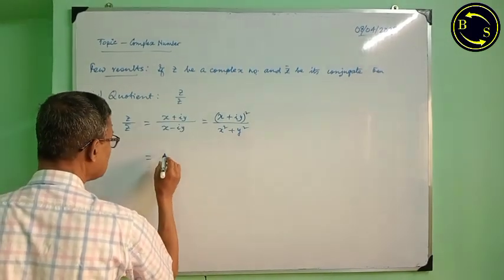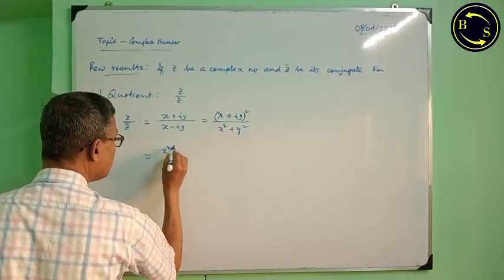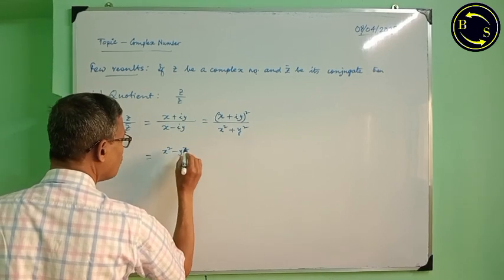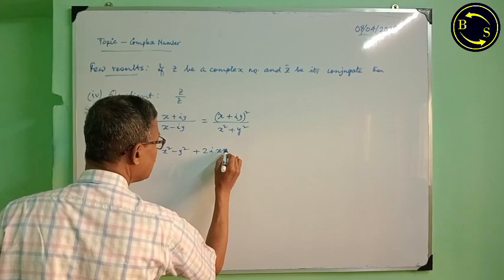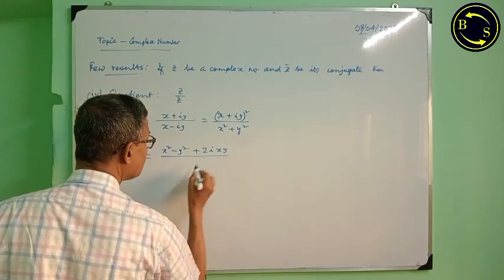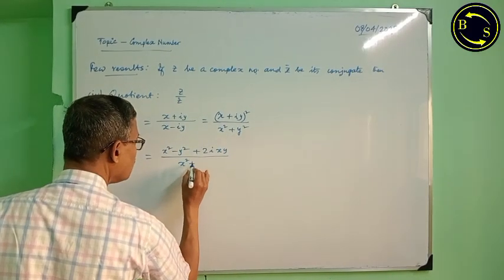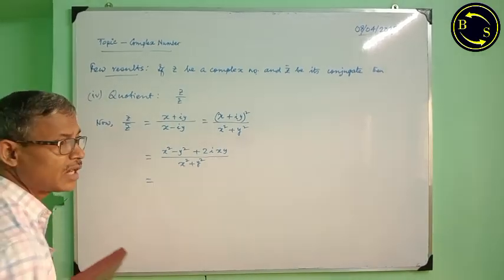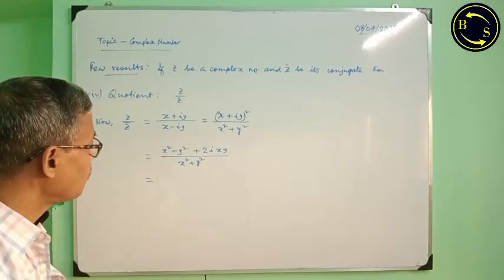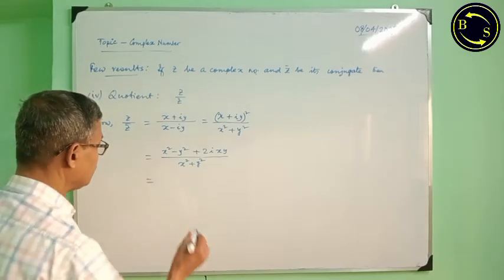If we simplify, we shall get x square minus y square plus 2i xy divided by x square plus y square. We can express that now in the form of x plus iy.